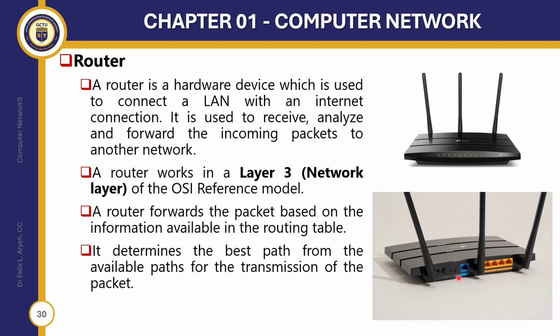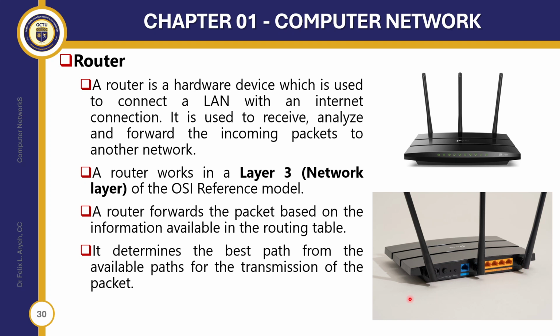So when you look at this one, usually the ports are different from the other; this is the local area network port for the router. A router always has at least two network cards. One is for the internet or the external network, and one is for the internal network.